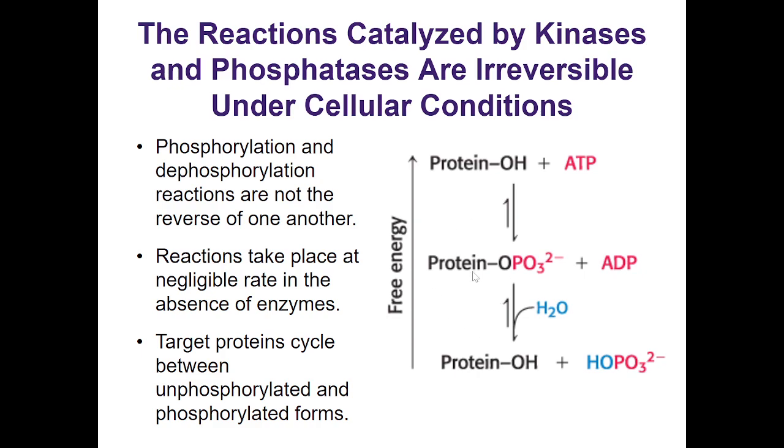It causes you to have a protein that is unphosphorylated, which are these right here, and a phosphorylated protein, which is this one. Now notice I did not say active or inactive because that depends on the protein. And this right here is actually the order in terms of free energy. We can see here that we have the free phosphate, here we have the ADP, here we have the ATP.